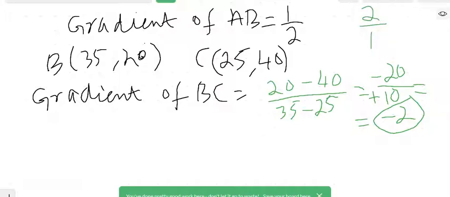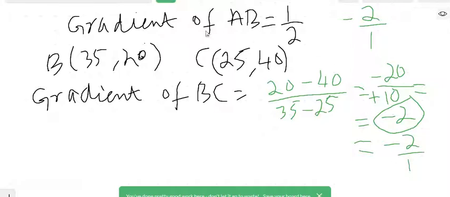The negative reciprocal means it is -2 over 1. So let's see that the gradient of AB is 1 over 2, whereas the gradient of BC is -2 over 1.